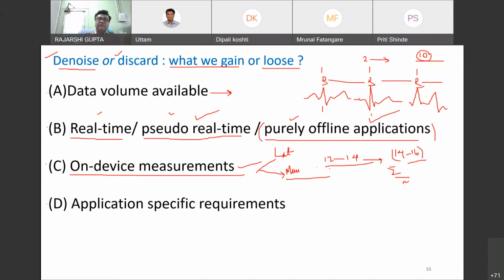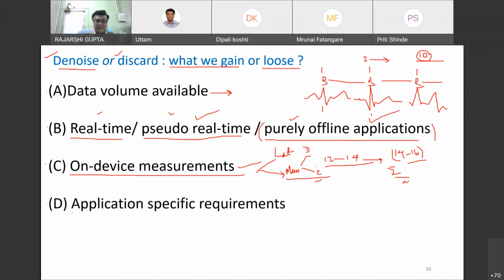So whether to denoise or discard depends upon the latency and also on-device measurements, where we have certain limitations of memory. Memory will be divided into putting the data and putting the code. So naturally you have to compromise between these aspects.